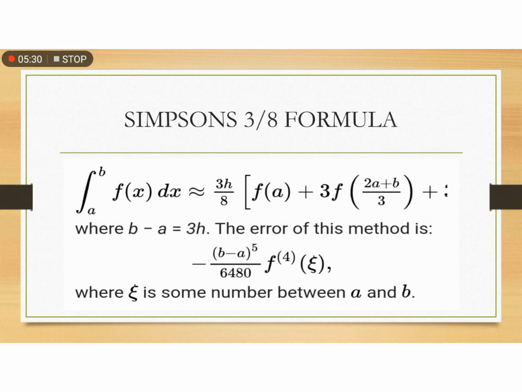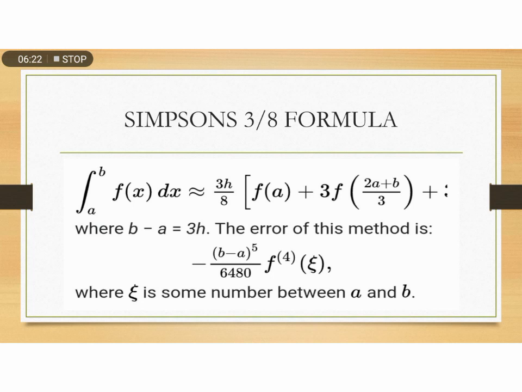Next is Simpson's 3/8 formula. The integral from a to b of f(x) dx is approximately 3h/8 times f(a) plus 3f((2a plus b)/3), where b minus a equals 3h.